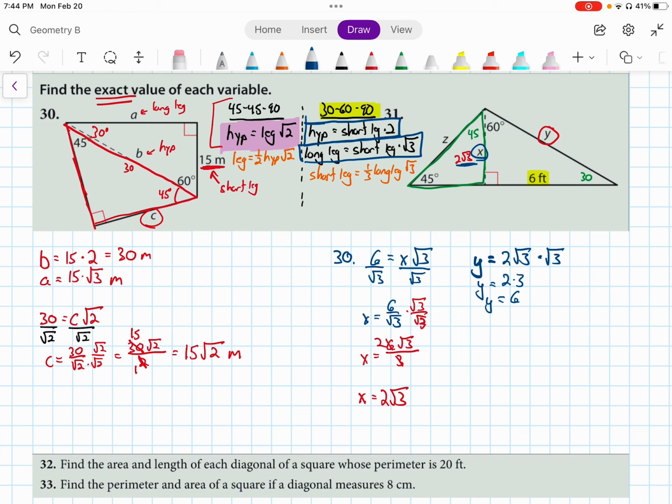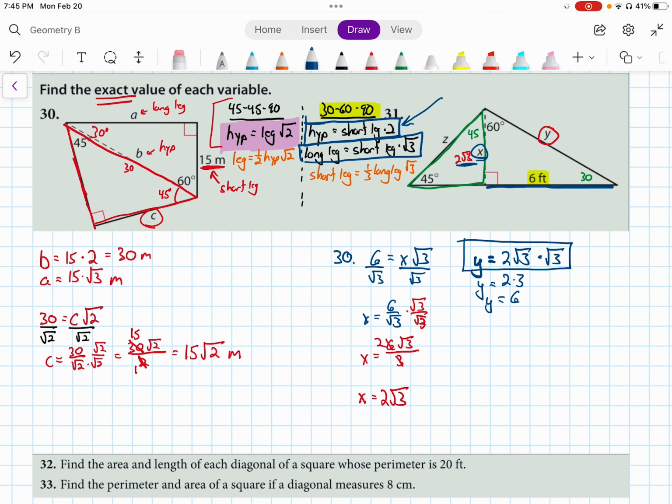Let's see here. It seems like we made a mistake. Oh, I used the wrong formula up here. I'm trying to find the hypotenuse.